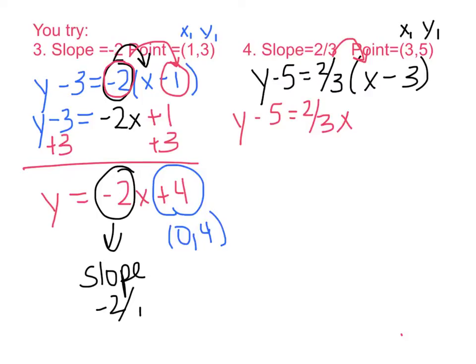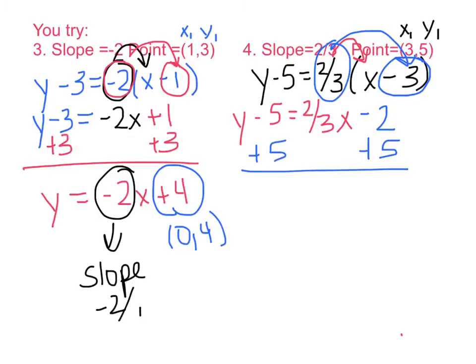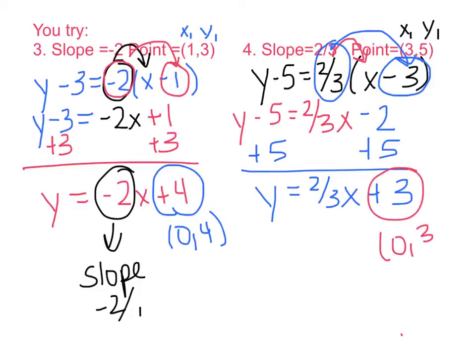And then you're going to say 2/3 times a negative 3, which is going to give you, the 3s cancel out, so that'll give you a negative 2, or a minus 2. Now we want to add 5 to both sides. Y equals 2/3 x plus 3. So the y-intercept is positive 3, or (0, 3), and our slope is 2/3.